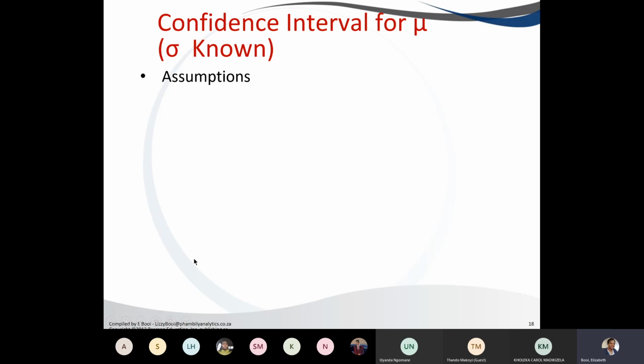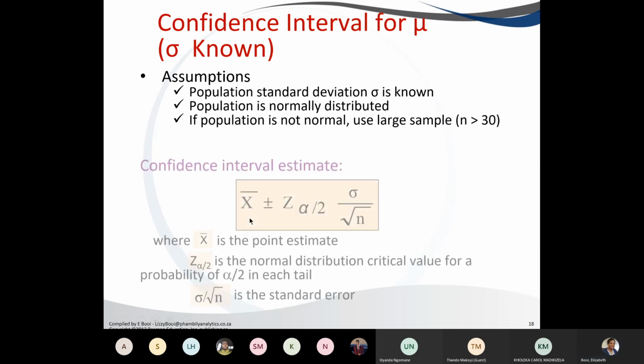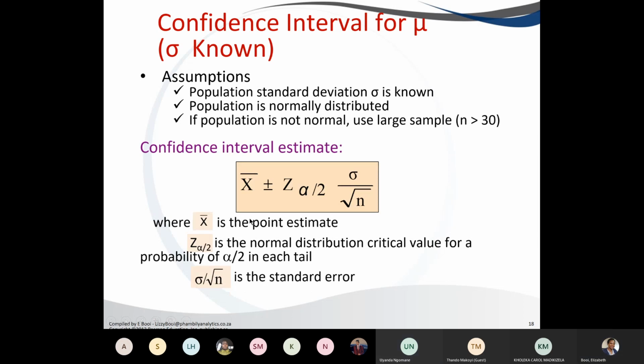There are several assumptions that need to be met before you can say you are calculating the confidence interval in terms of this. This is just for you to know the theory behind the confidence intervals as well. The population standard deviation needs to be known. Your population needs to be normally distributed. And if your population is not normal, your sample size should be larger than 30.